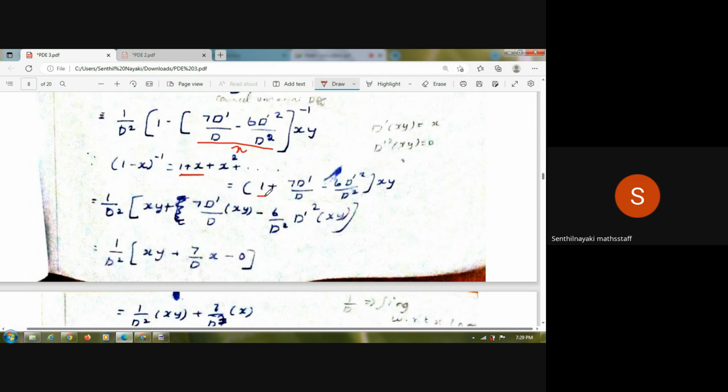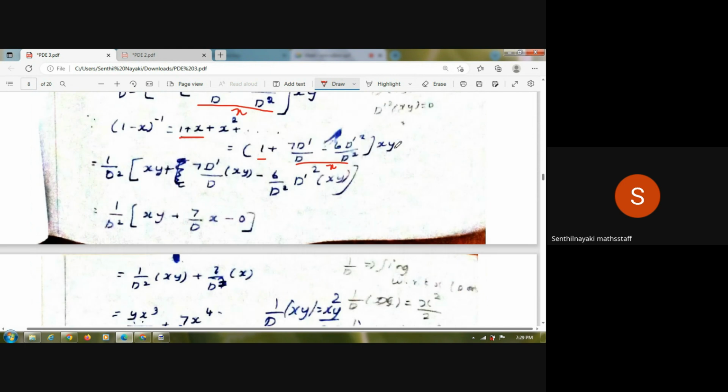This is the 1 and this is the x term. After expanding further we get only 0 values, so no need to expand further. These two terms are enough into xy.